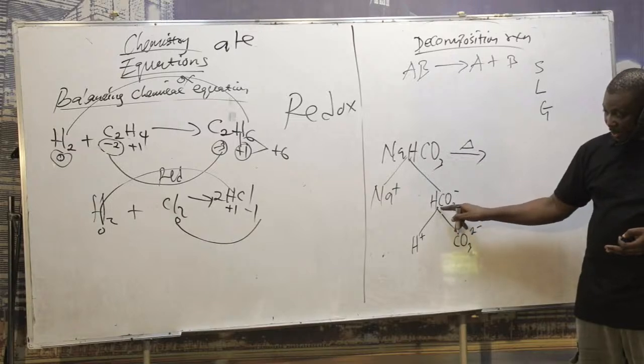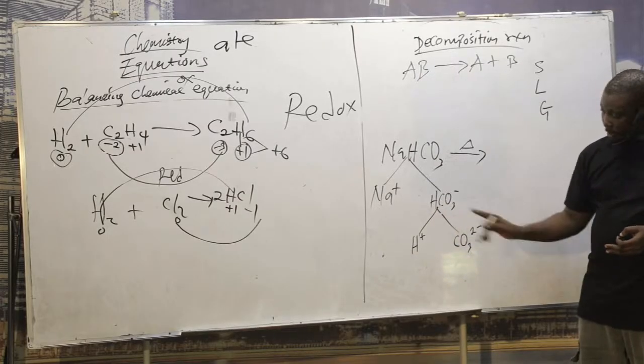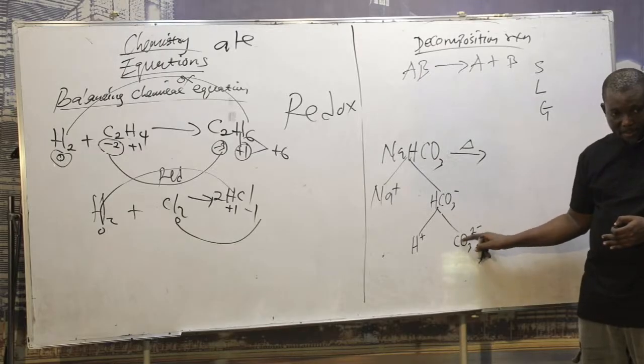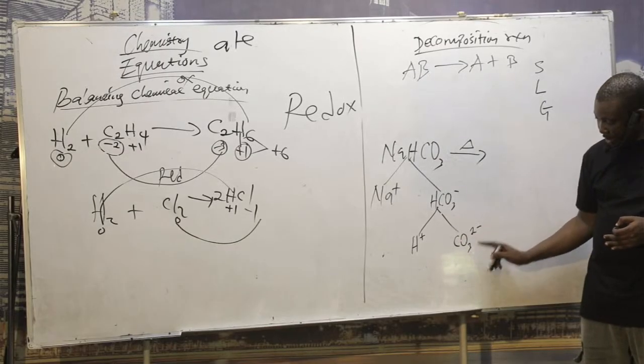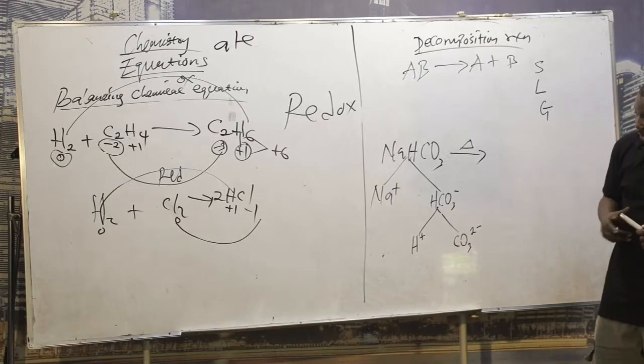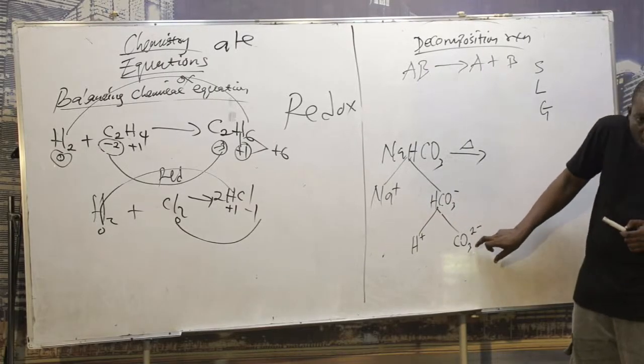Carbon is plus 4. Adding the 4 and the 1 gives 5, and 5 minus 6 is minus 1. But now that H is not there again, you have minus 2 times 3, which is minus 6, plus carbon, which is 4, giving minus 2.